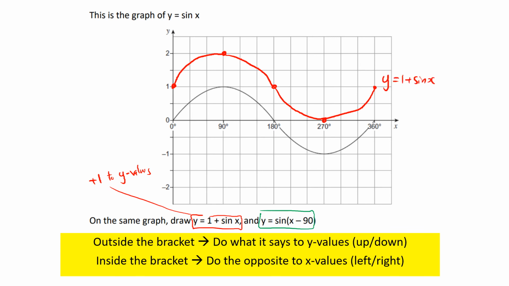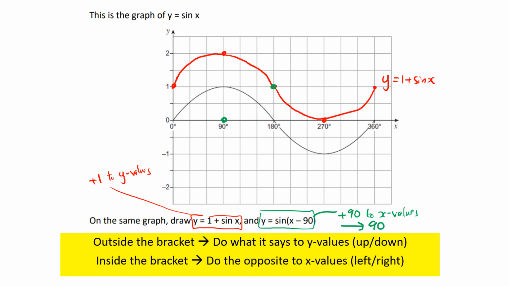What about the second one? Well, this is inside the bracket, so we need to do the opposite. We need to add 90 to the x values. So that means it's going to move to the right by 90. So our 0 point here would move across to 90. Our point here would move across to 180.